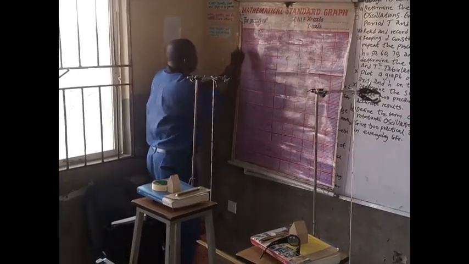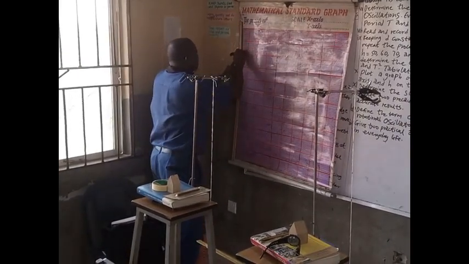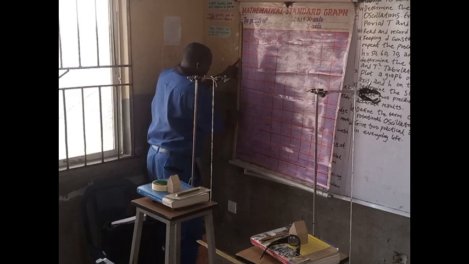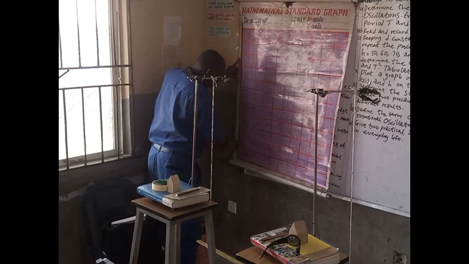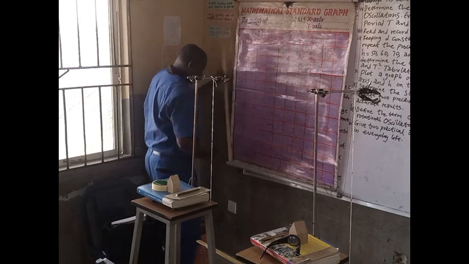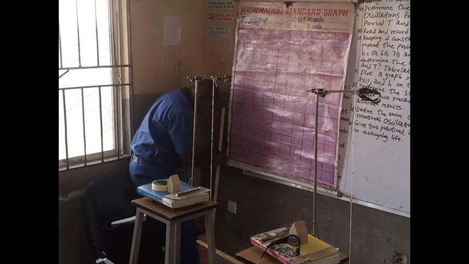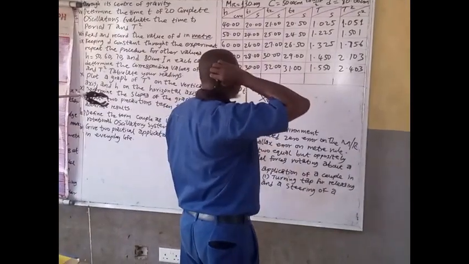First of all, you draw the vertical axis, then you start from 0, 0. The maximum value here is 2.4 and the minimum value is 1.05.